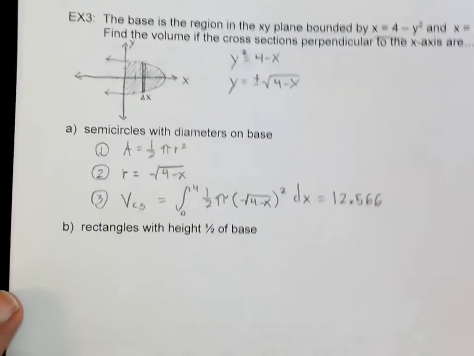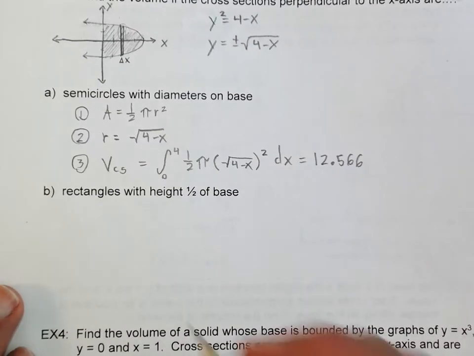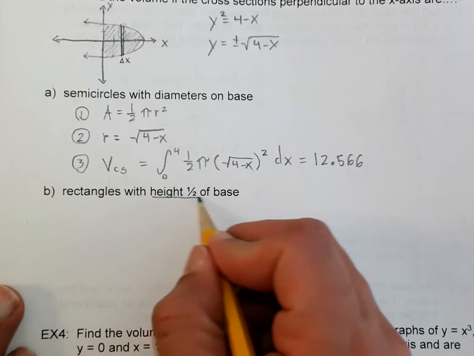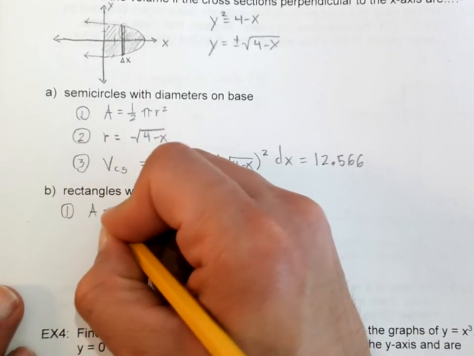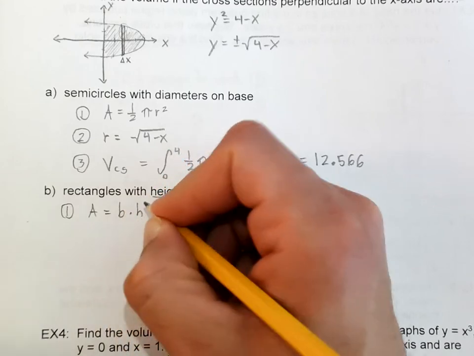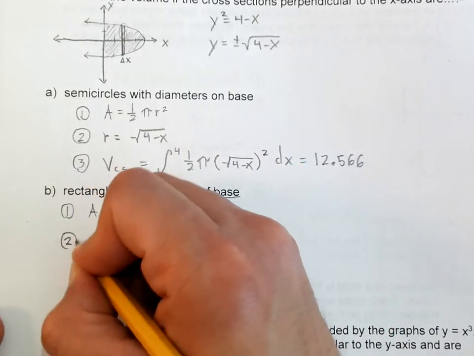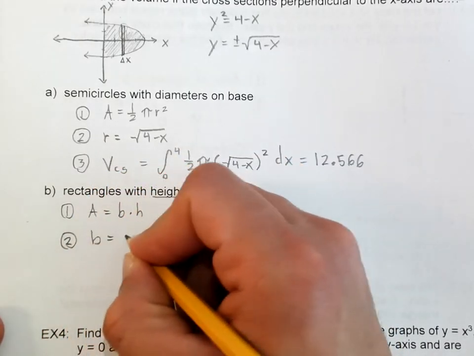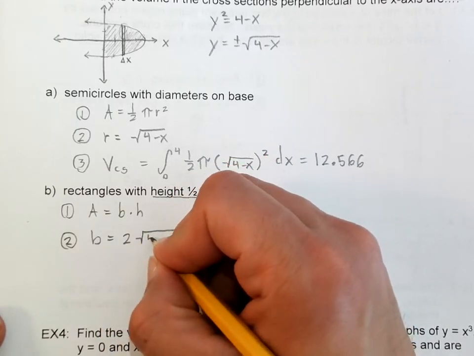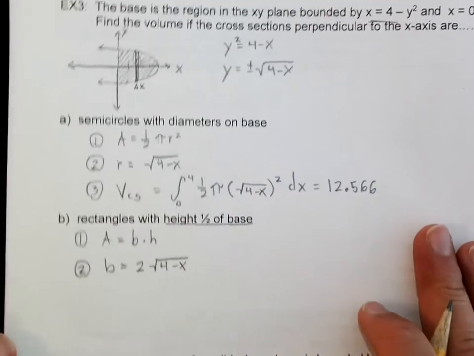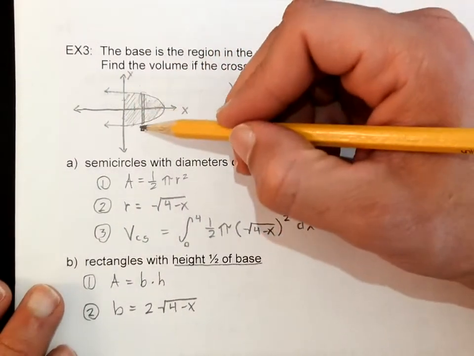The next one is the same idea, but notice that the rectangle has a height of half the base. The first thing we do is write the formula for a rectangle: base times height. On number 2, the base is equal to 2 times the square root of 4 minus x. Think about it: the base is the whole base right here.